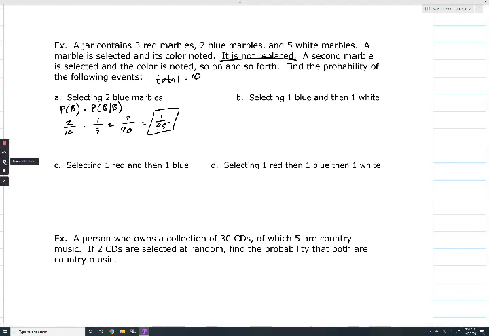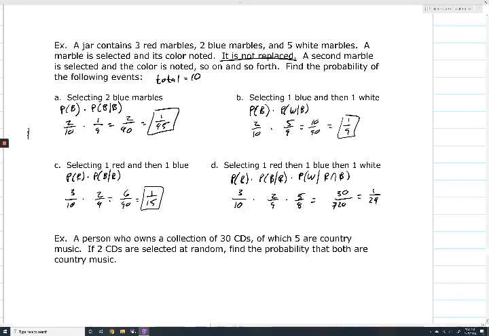Go ahead, do B, C, and D, and then come back, pause it, and check when you're done to see if you got the same answers. All right, so finishing up, B, same idea, probability of blue, then probability of white given blue. So again, our denominator is decreasing because we're taking a marble. However, the numerator doesn't decrease because I didn't take a white marble the first time, so there's still 5 white marbles.